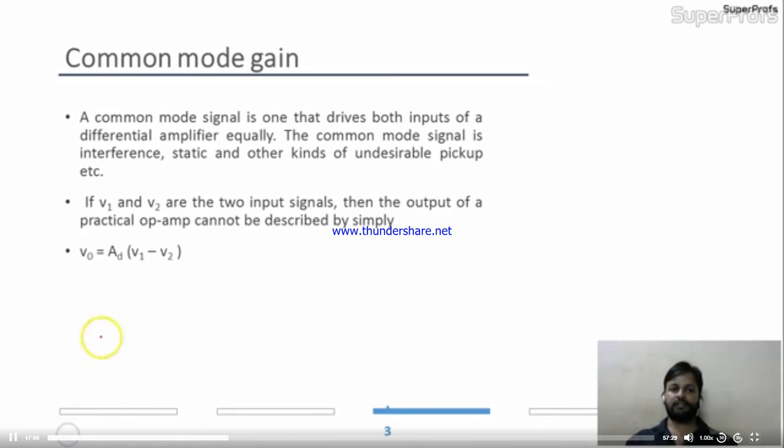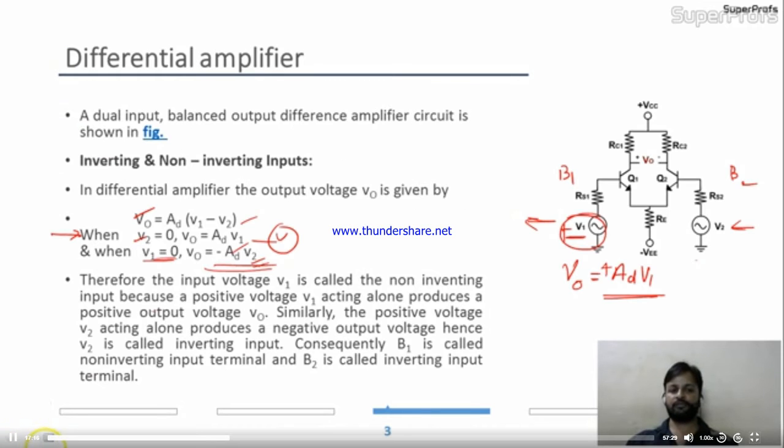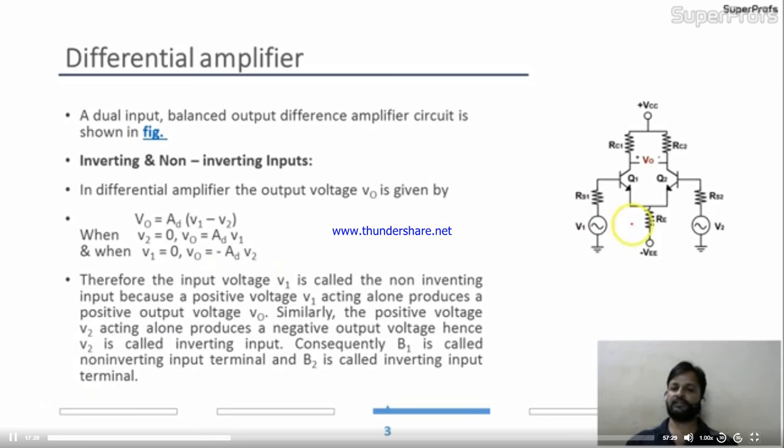Correct? Now in the differential amplifier itself, we have common mode gain. But before that, I would like to tell you one more thing. If this is the circuit given over here, there will be some voltage gain also. See, the formula is like this: AD will be V0 divided by V1 minus V2.